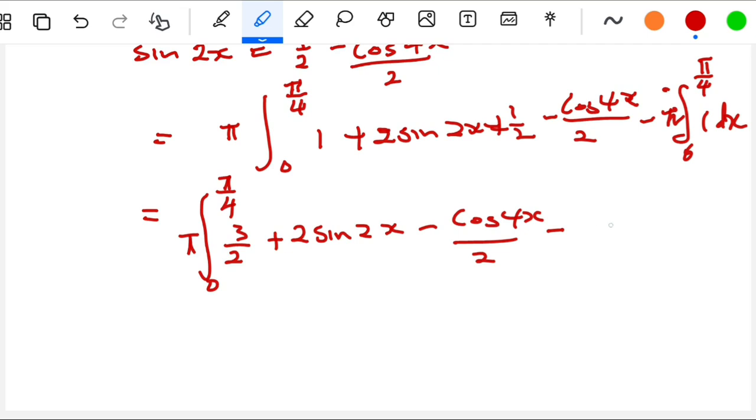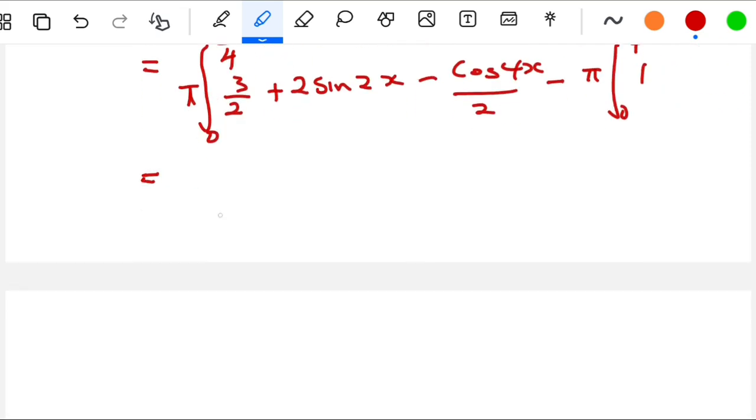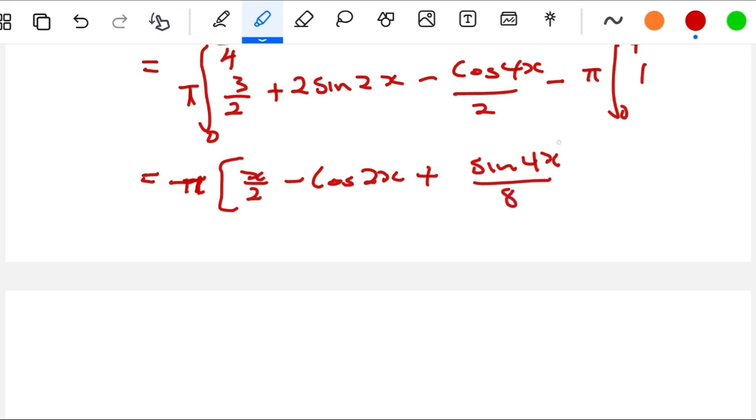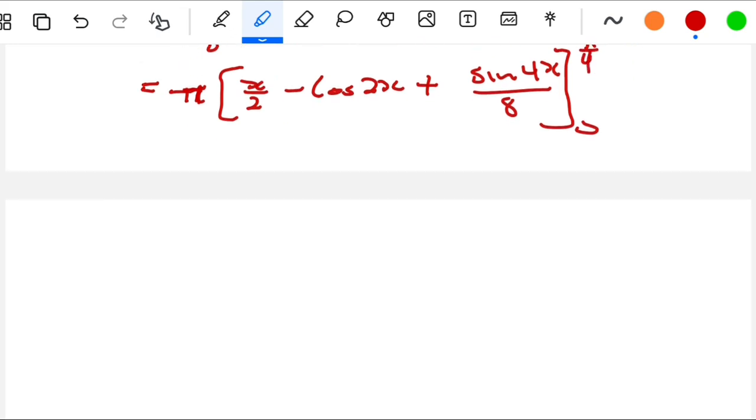Then integrating that one, we get pi times, 3x over 2 minus cos 2x minus sine 4x over 8, from 0 to pi over 4.